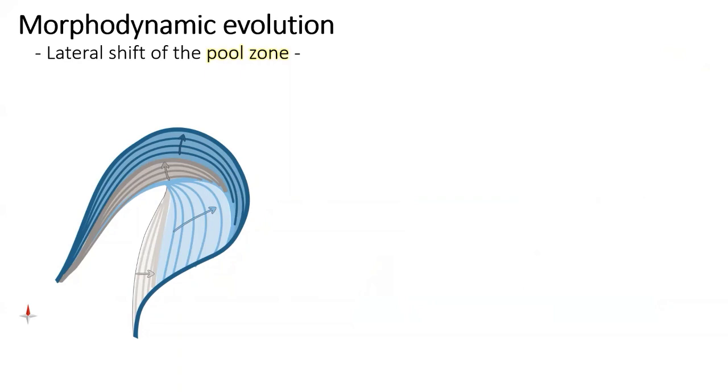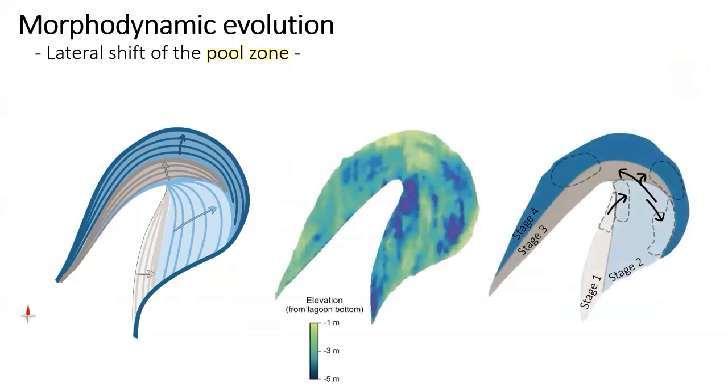And this peculiarity has led the pool zones to be characterized by a zigzagging trend, as you can see from the arrows, and specifically in the last stages of evolution, it seems that the pool scour splits in 2 parts, as you can appreciate here, but also from this colored map with the elevation scale at the basal surface of the point bar.